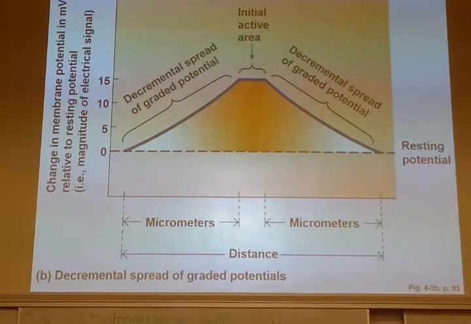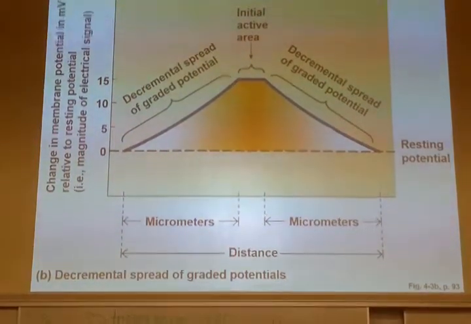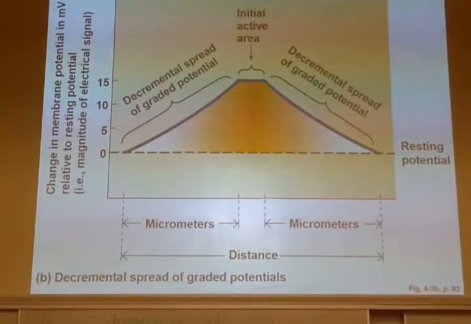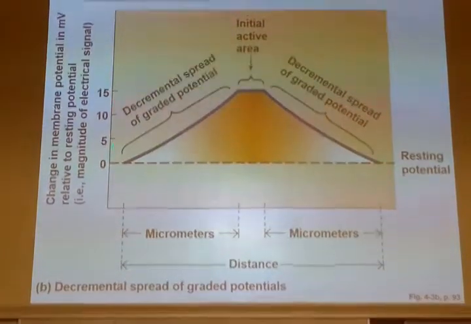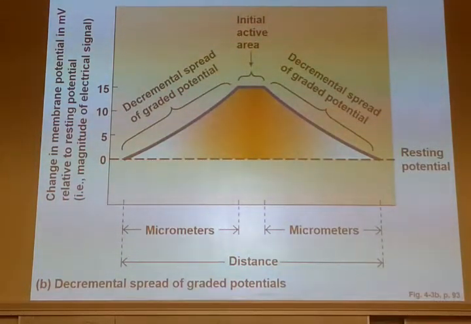And then if you go far enough, you're at 0 millivolts. So absolutely no effect on resting membrane potential. So these increments here are the millivolts that you can add to resting membrane potential to get it to decrease towards threshold, to become less negative.